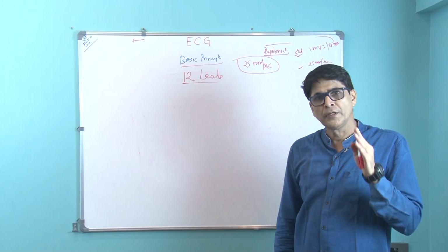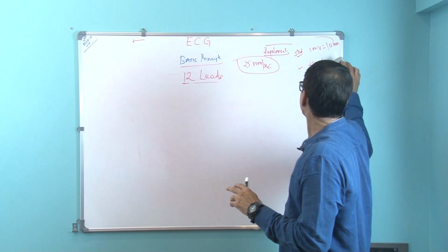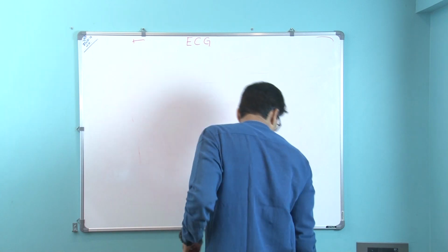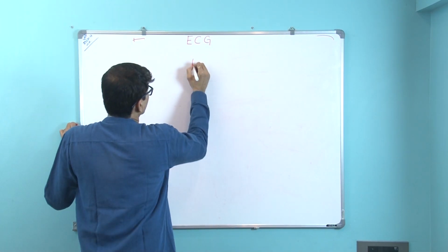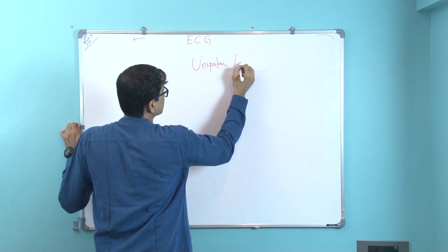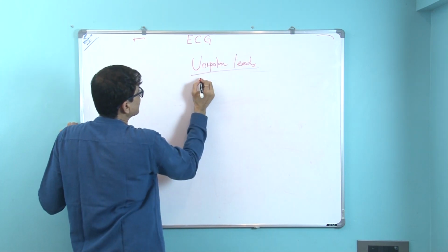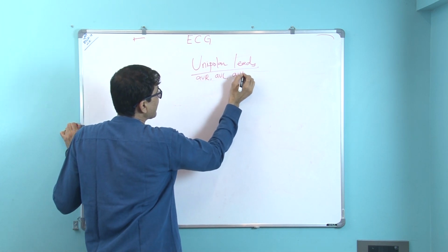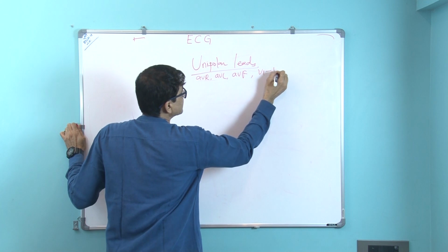And now we will talk about unipolar leads, which are nine in number by default, the unipolar limb leads. Unipolar leads are aVR, aVL, aVF, and V1 to V6.